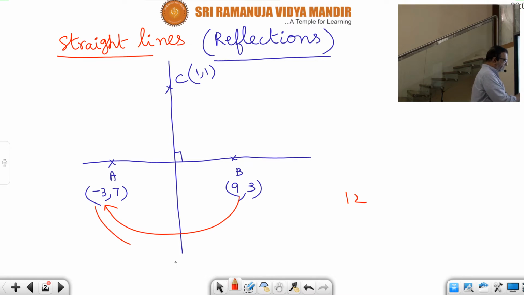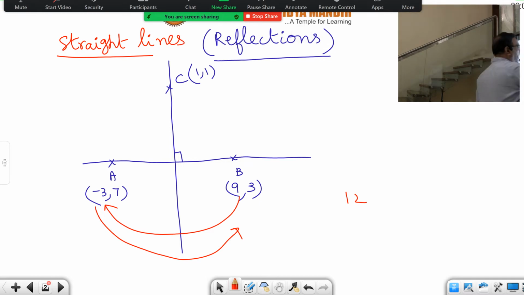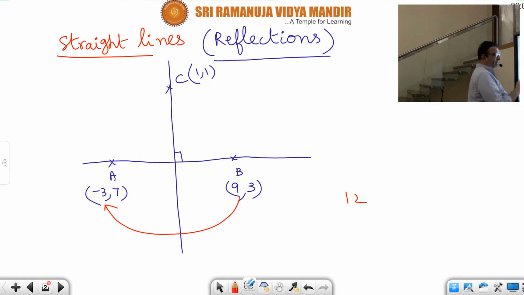If you go from here to there, it will be -12. Don't start with a negative number, start with a positive number. So the difference of x coordinates, 9 minus -3, is 12. Now the difference of y coordinates in the same direction.